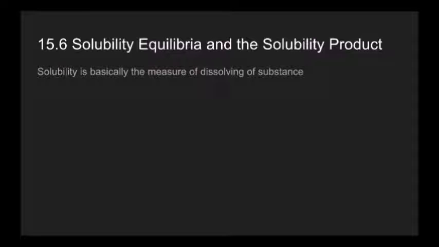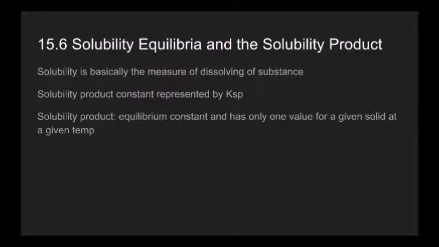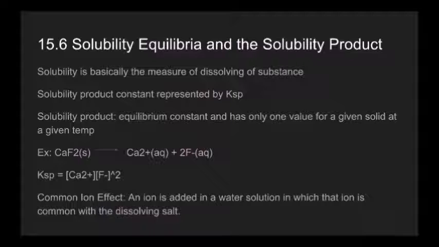Okay, so next we're going to talk about solubility equilibria and the solubility product. Solubility is a measure of the dissolving of a substance, and the solubility product constant is represented by Ksp. The solubility product is the equilibrium constant and has one value for a given solid at a given temperature. An example is CaF2. CaF2 is made by adding Ca2 plus and 2 F minus.